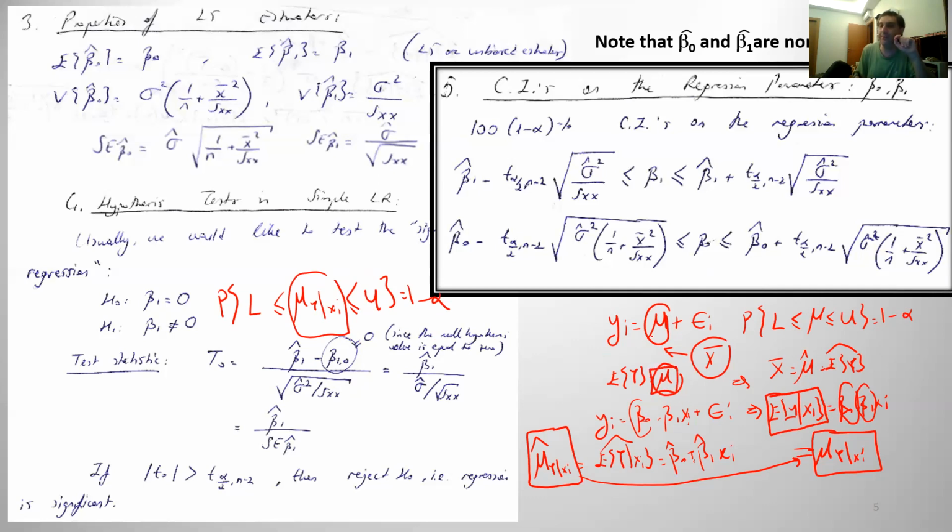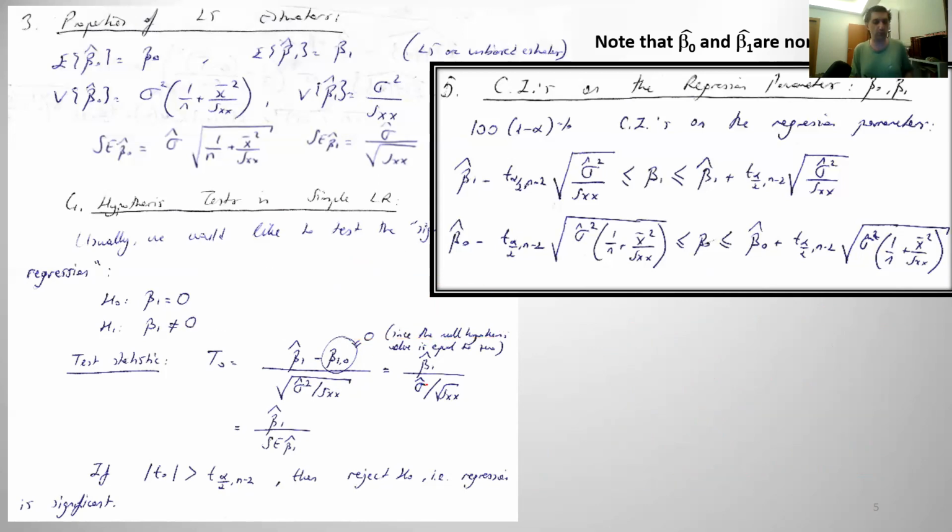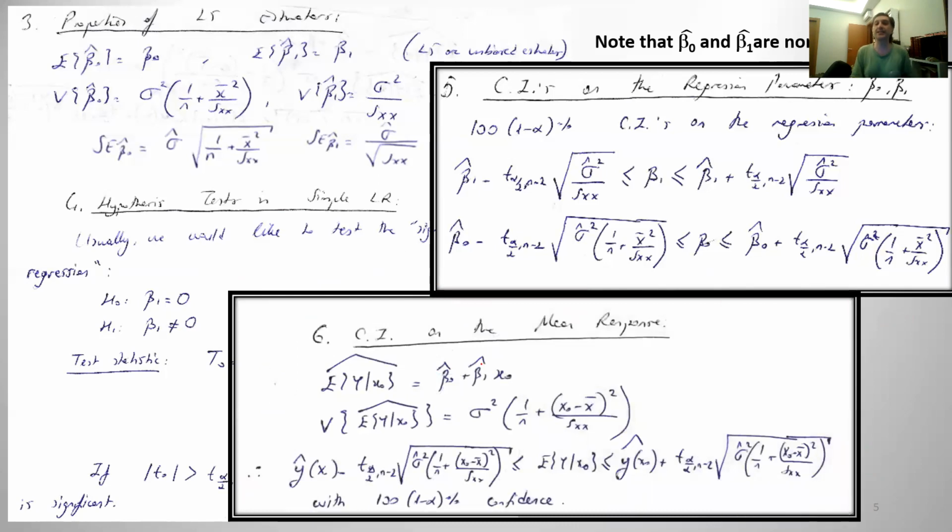So the population parameter mu, you may think about it that way, will depend on the xi value, but also will depend on beta 0 and beta 1. So given an xi value and the beta 0 hat and beta 1 hat values, we should be able to determine a confidence bound or confidence region such as this one. Therefore, this is what it says, confidence interval on the mean response.